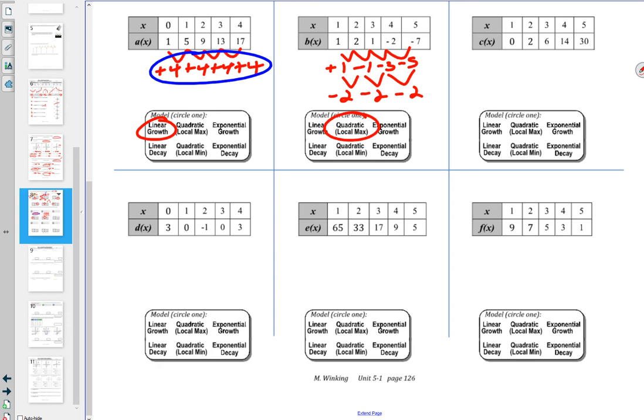Okay, look at the next one. You want to tell me the answer? Well, tell me what's the answer. You say growth? I don't see that. I'm not seeing exponential at all.